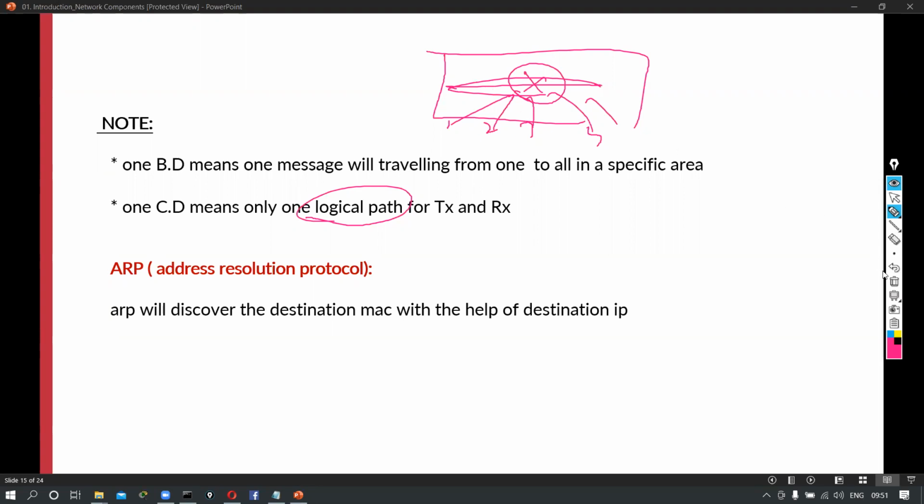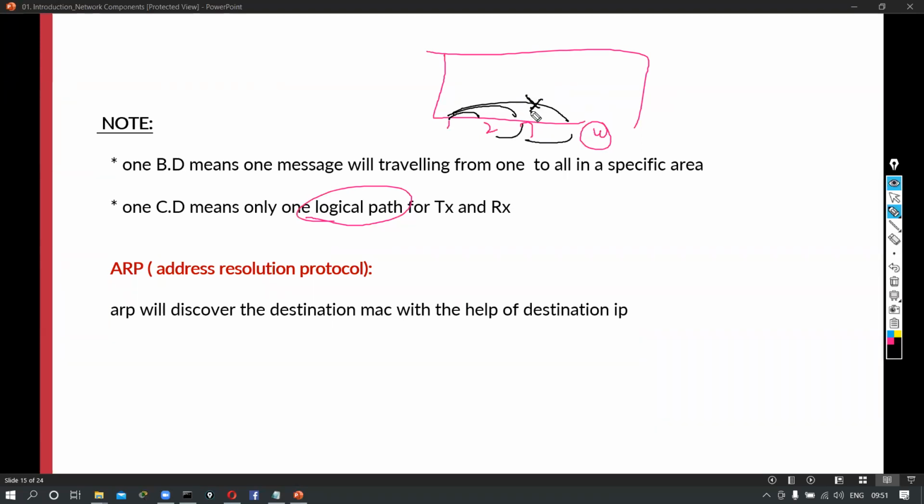In the switch, what will happen? In the switch, they are able to create logical paths. From here to here also, separately one more logical path. Here to here also. If any one path is corrupted, no issue. These two guys will communicate.